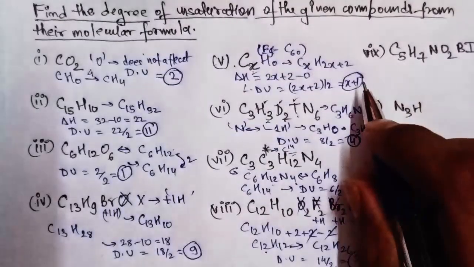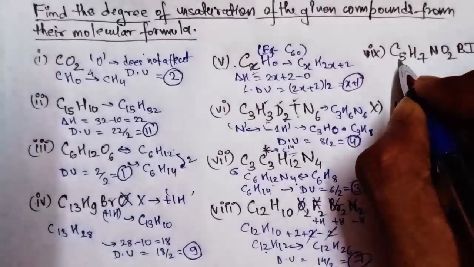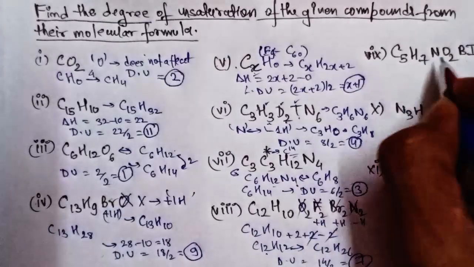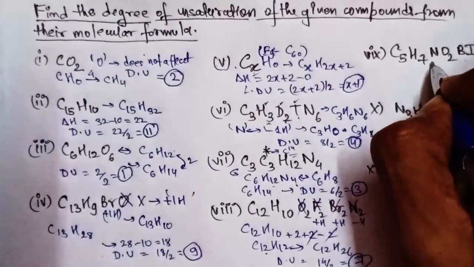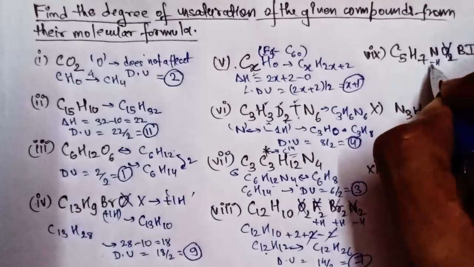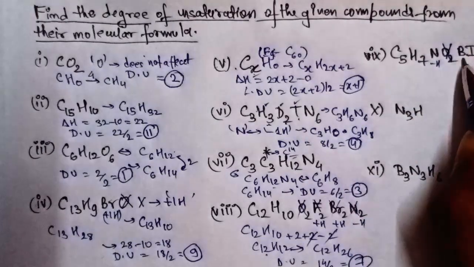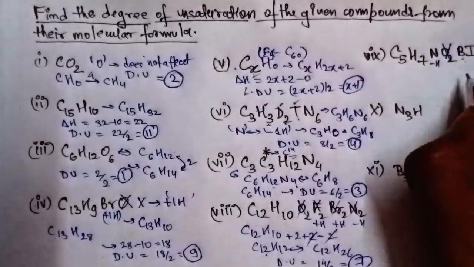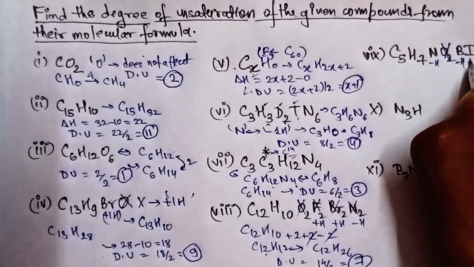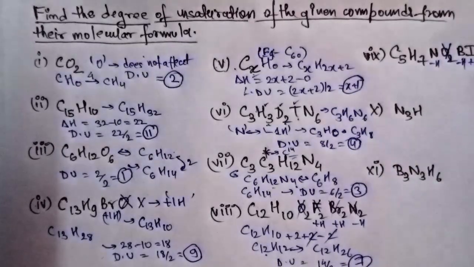For the ninth case, we have C5H7NO2Br I. Again find the equivalent. We know that nitrogen is equivalent to minus hydrogen. Oxygen does not contribute to the degree of unsaturation. For the bromine atom, we have proved that it is also equivalent to minus 1 hydrogen, and for the iodine atom it is equivalent to addition of 1 hydrogen.